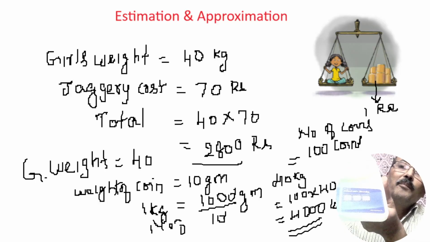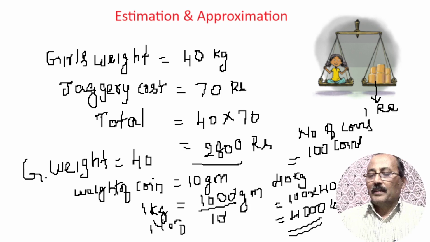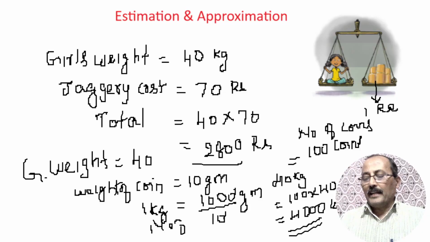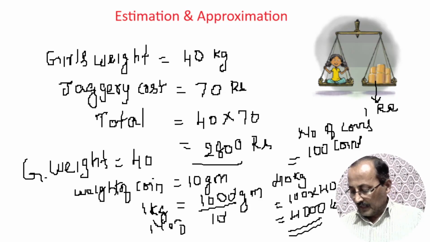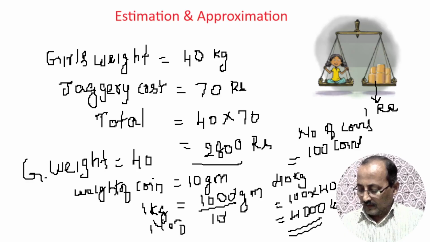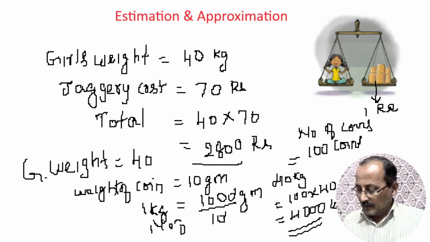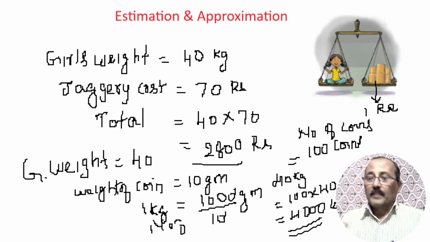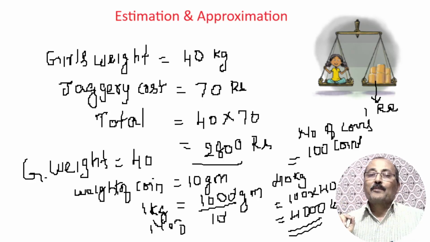I'll keep it here. Now, this is a 1 rupee coin. I'll keep it here. It is coming exactly 5 grams.